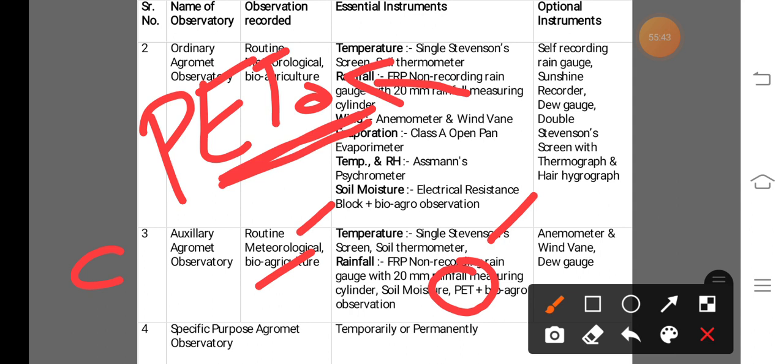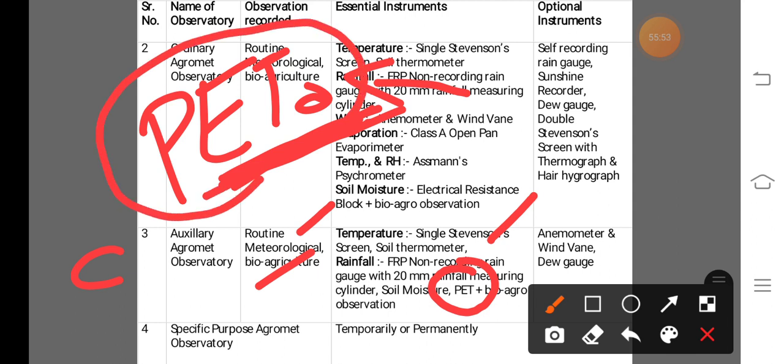That means when unlimited water is available to the crop, at that time this evapotranspiration occurs. This is known as the potential evapotranspiration.